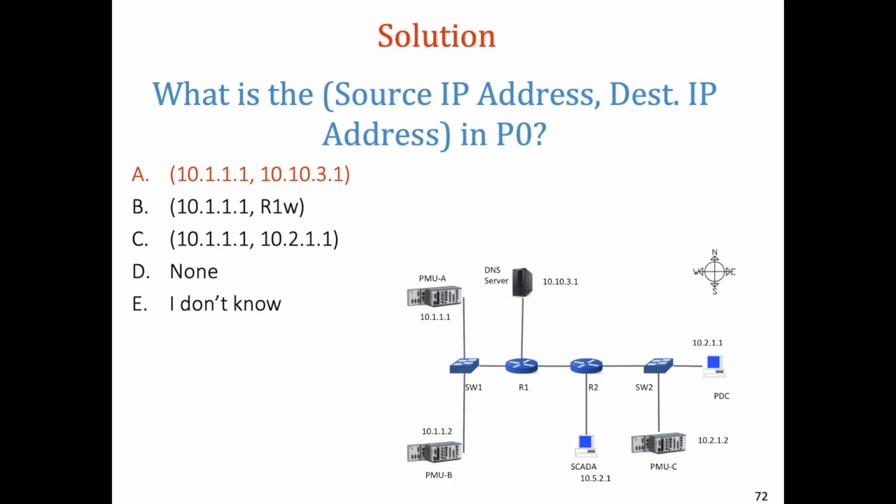We still do not know the IP address of PDC. The connection that we have now is an end-to-end connection from PMUA to the DNS. That's yet another connection, a pre-connection basically. You ask a DNS server what the IP address is, and only after that can you start a connection with PDC.